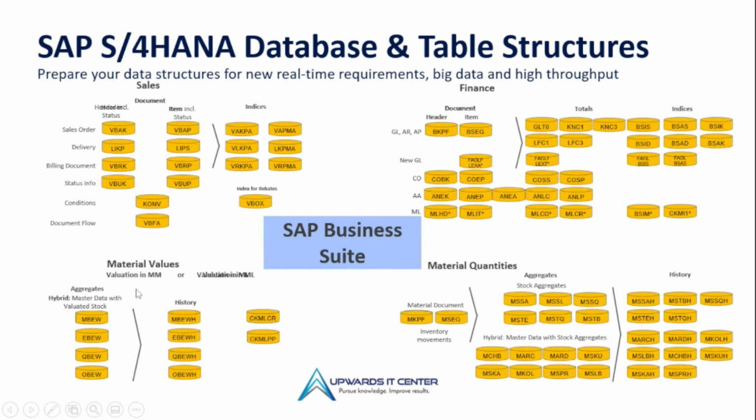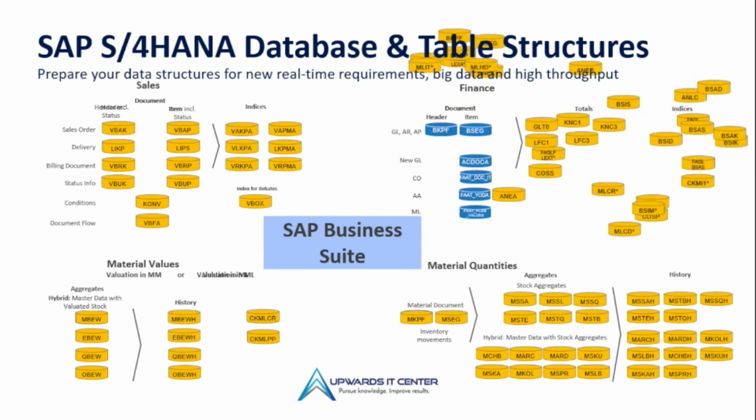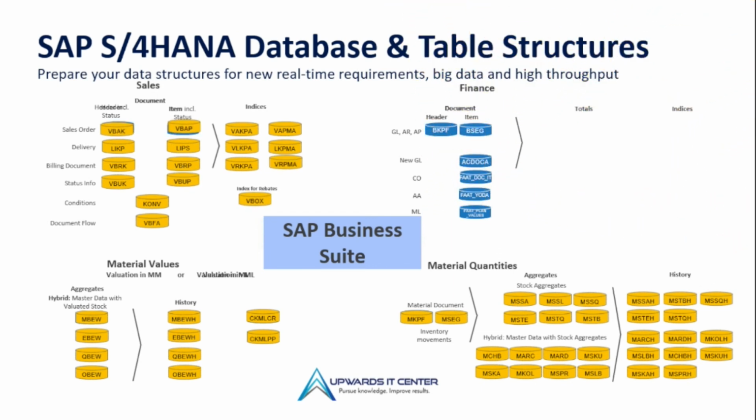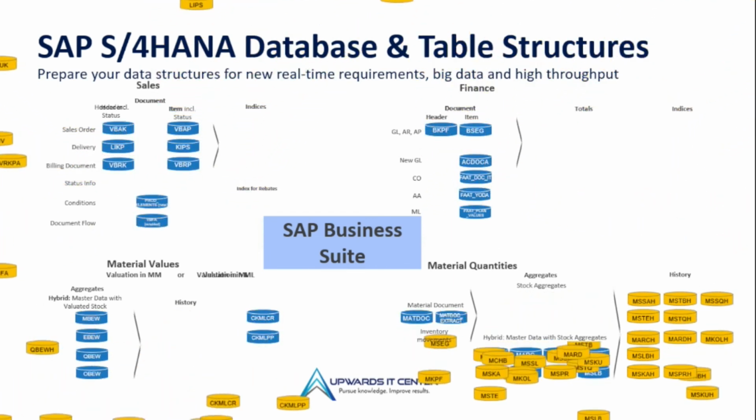And here the material values information for material valuation, like MBEW, the history of these related tables, and the tables for the CO valuation of the material. So let's see how it's now in the S/4HANA systems.